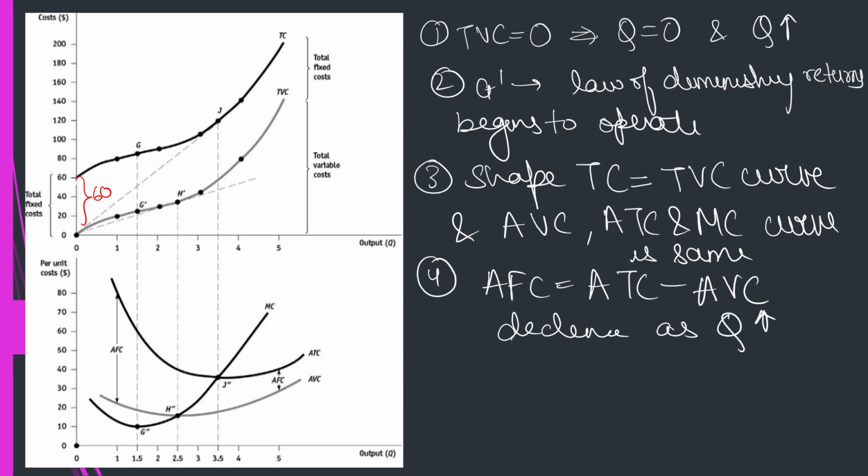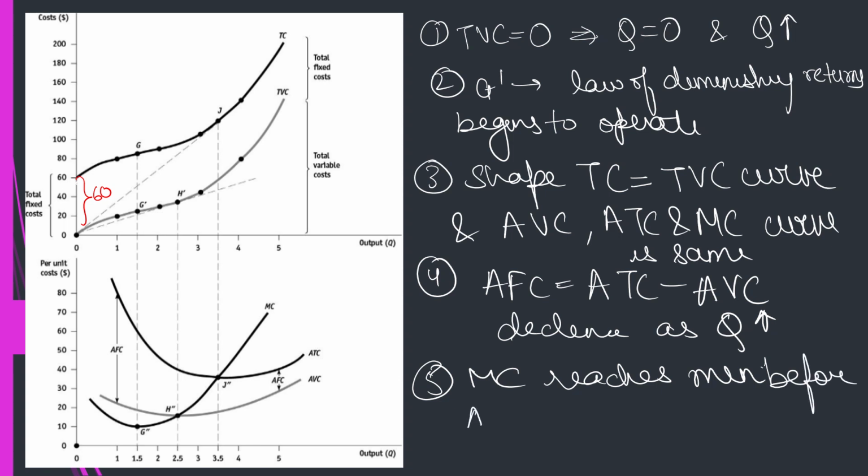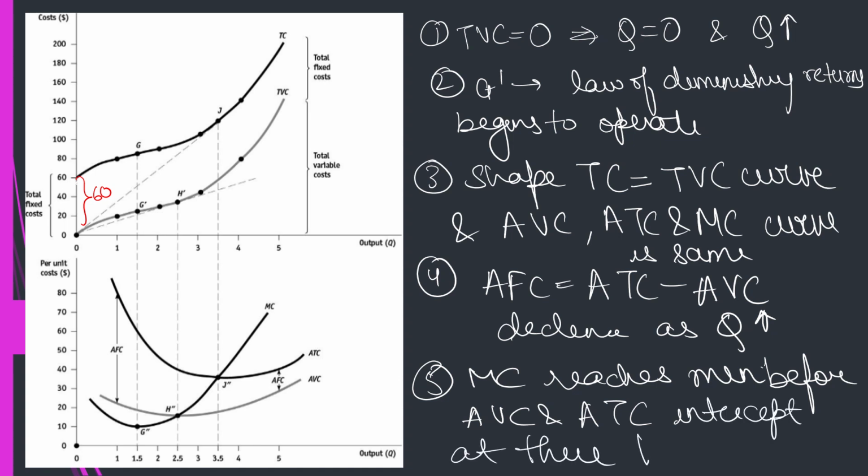Last point, MC reaches a minimum before AVC and ATC intercept it at their lowest points. So this is what this graph is all about.